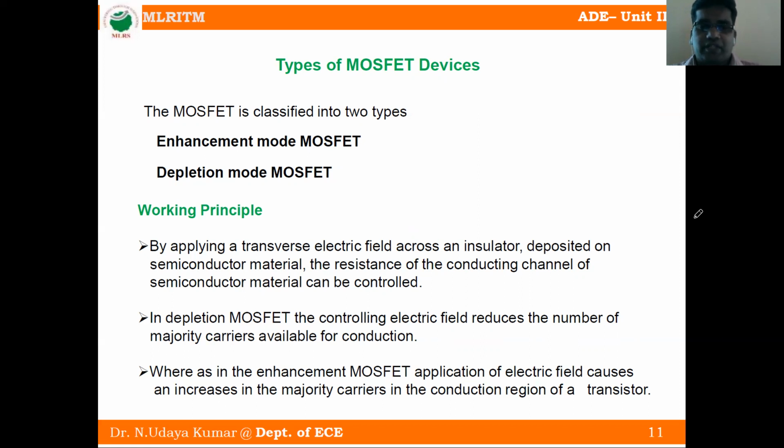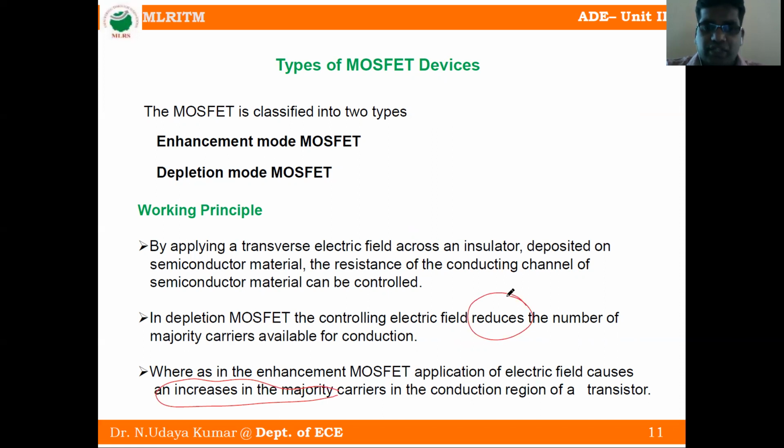In depletion MOSFET, the controlling electric field reduces the number of majority charge carriers available for conduction. In enhancement MOSFET, application of the electric field causes an increase of majority charge carriers in the conduction region of a transistor.